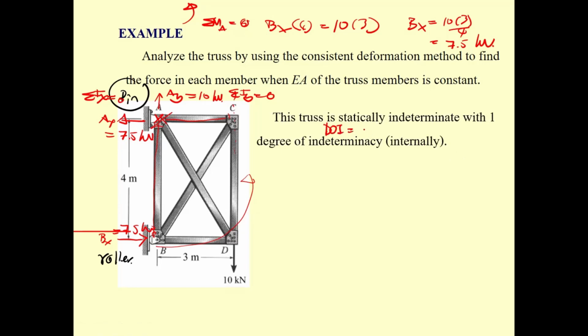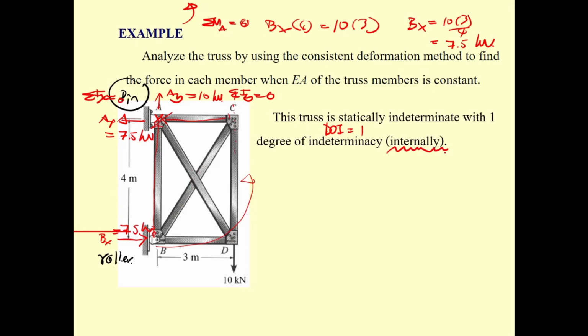This truss is DOI equal to 1. By what? By adding more member. You know that typically a simple truss is going to have triangle shape. But this one, you have one more internal member. Since it is internally indeterminate, you got to select a proper redundant force.